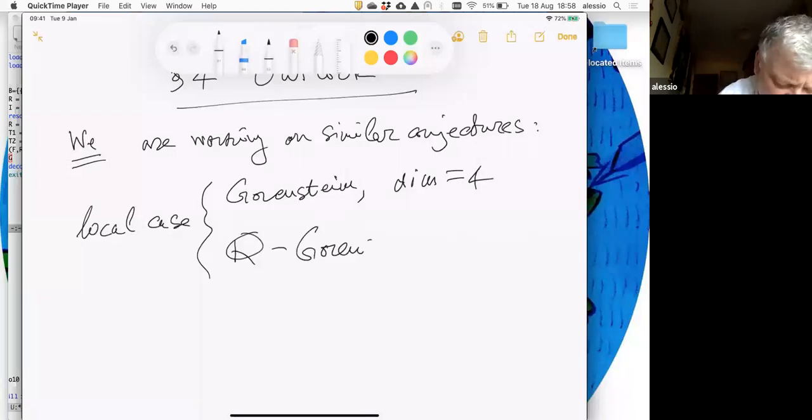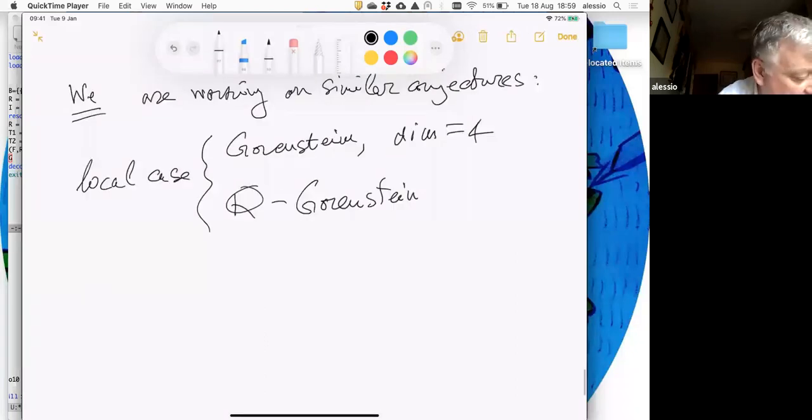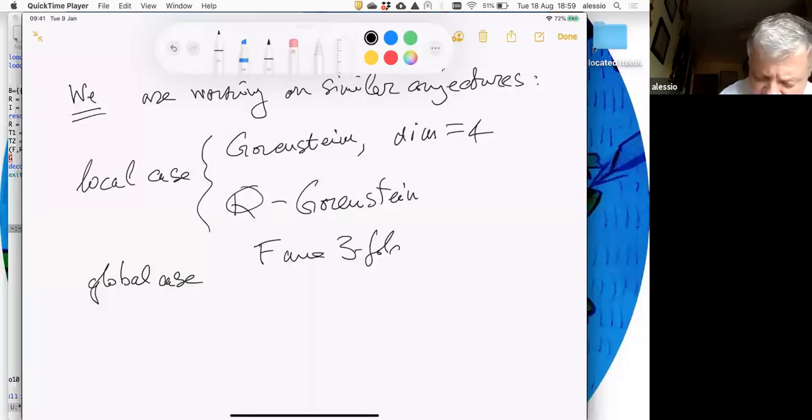And in the global case, we want to do Fano threefolds, global Fano threefolds, Gorenstein but also non-Gorenstein Fano threefolds, so Q-Fano threefolds. And then, of course, Fano fourfolds.